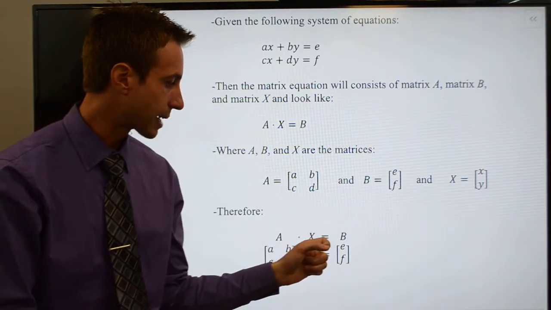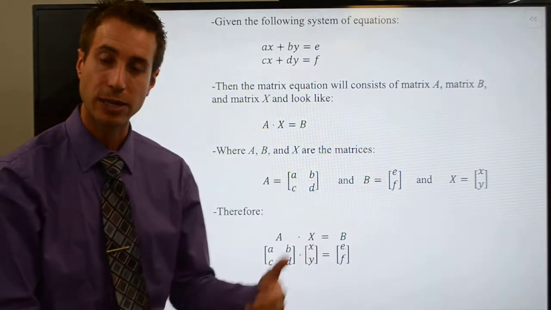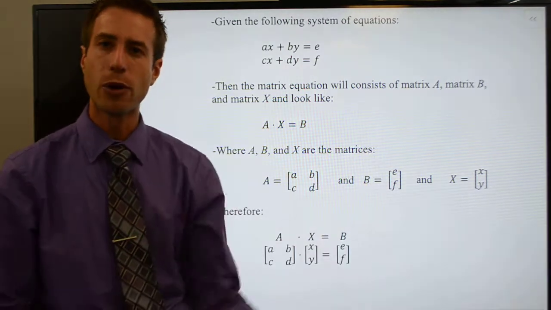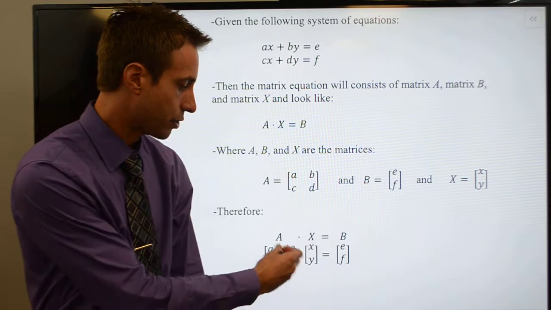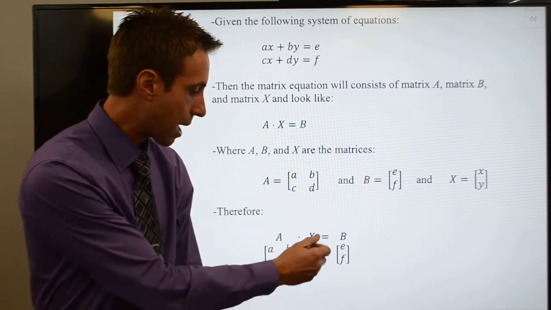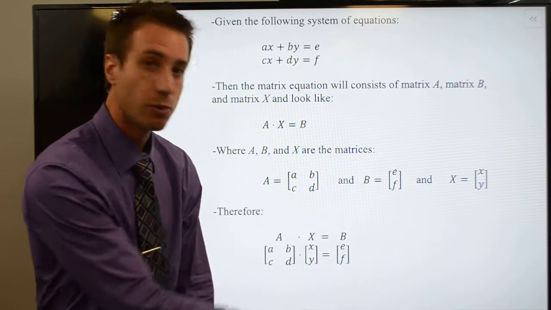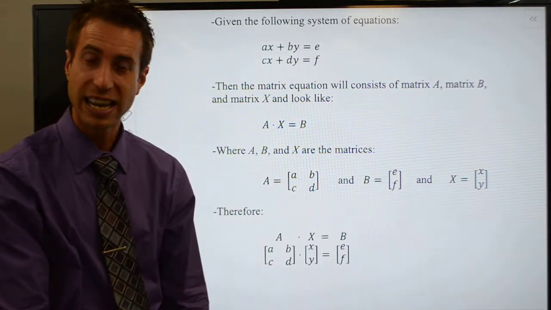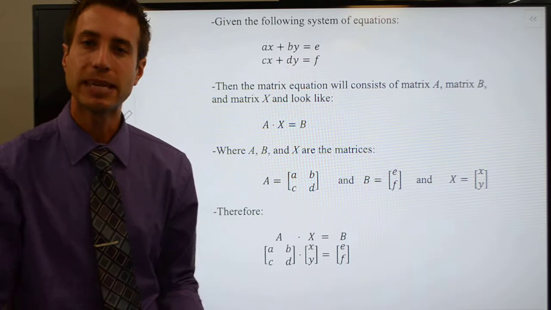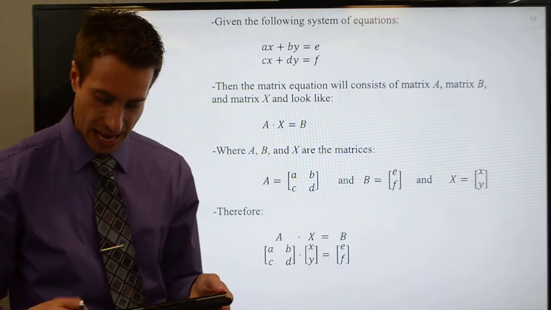A times X equals B. Matrix A times matrix X equals matrix B. If I put it all together, my coefficient matrix multiplied by my variable matrix is equal to my constants. That's not so bad. Let me give you one here so we can try it together.